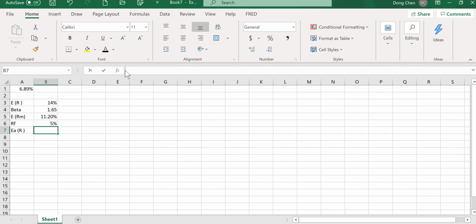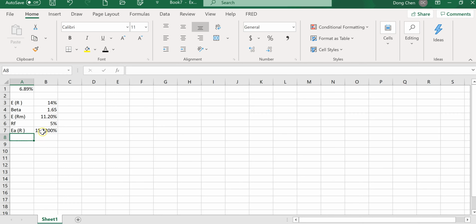Now I can use CAPM: it's RF plus beta times the expected return on the market minus this RF, and then close the parentheses. Because this RF is assumed, based on this RF, beta, and RM, I calculated the expected return.